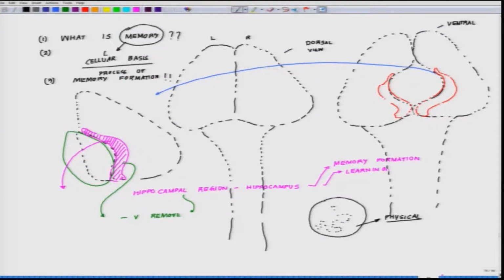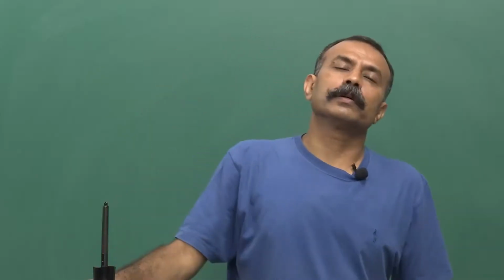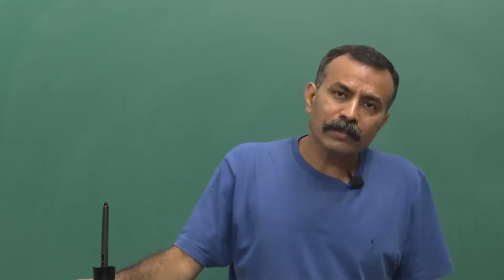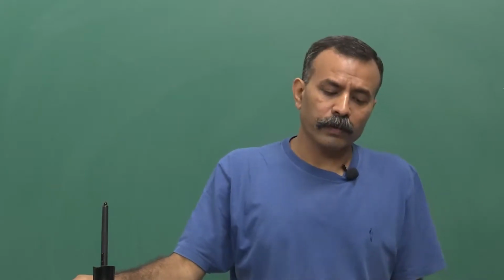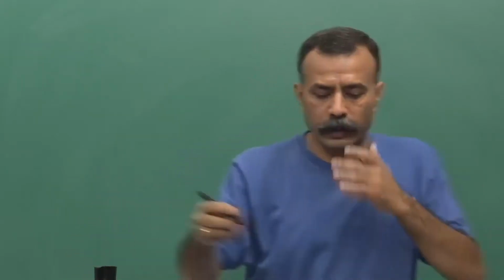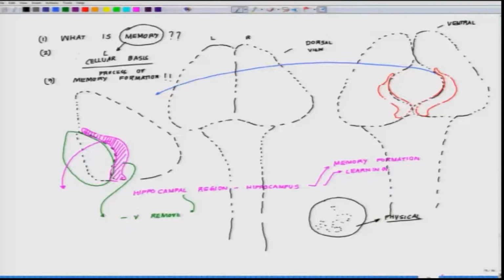Now, the question arises, in a biological system, where is that physical parameter? What is that physical basis of memory? Cellular basis. So, let me add one more here. Physical basis of memory.